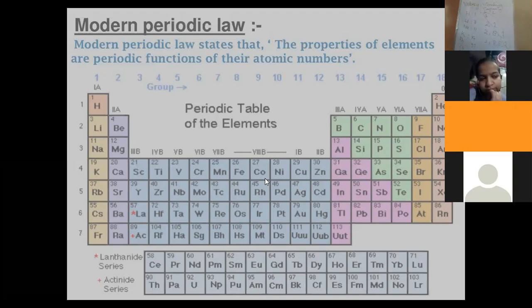Then the valency of group number 13, the boron family, that is 3A, as you can see in the periodic table, is +3.